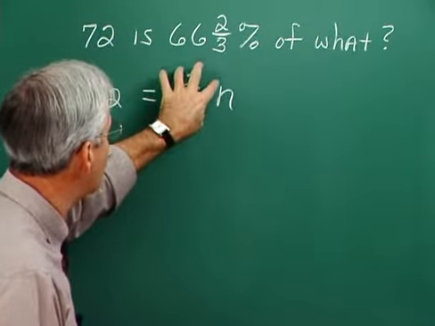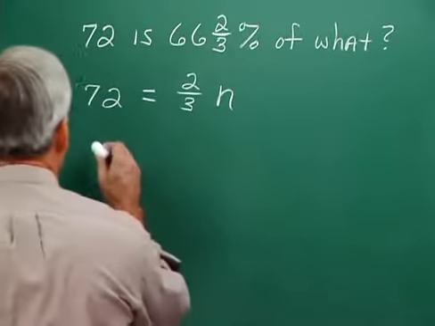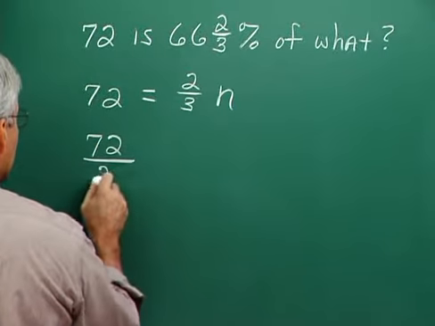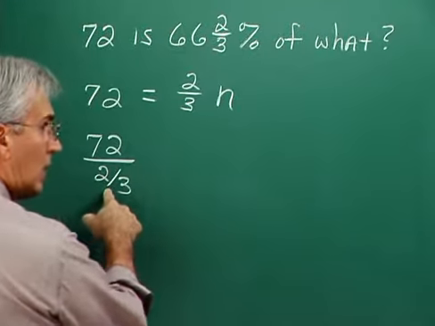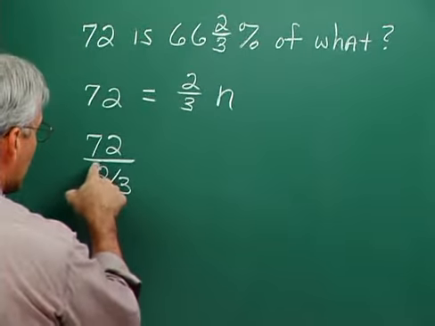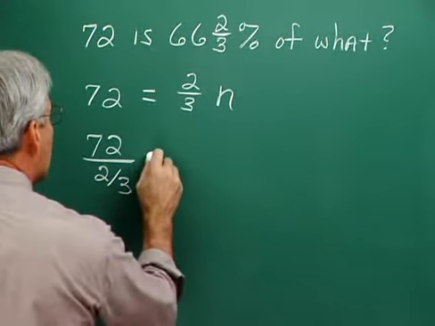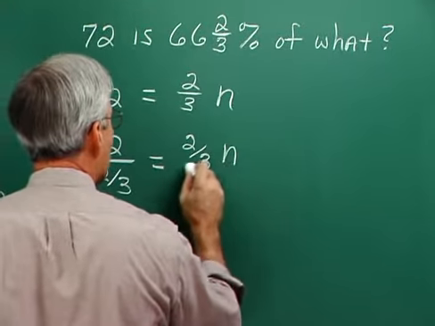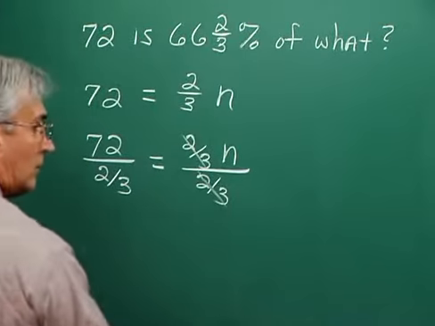We can divide on both sides by the number next to the letter in order to remove it. So we're thinking this way. We're taking the left side and we're going to divide by 2/3. Now I'm going to write the fraction. Usually I don't write fraction bars with a slanted little fraction bar like this, but I'm going to do so here because of the fraction bar that's already in place. And on the right, a similar idea. This is 2/3 in the numerator, and we're dividing by 2/3. You see, and these cancel.